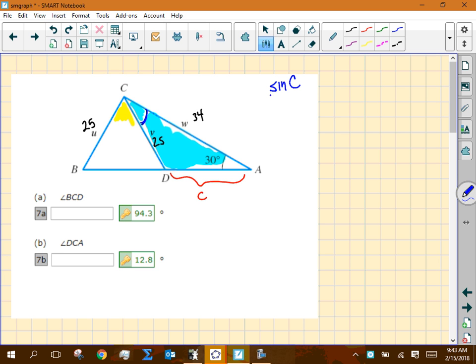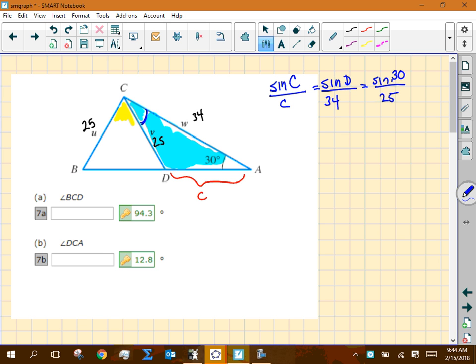So I say sine of C over lowercase c is equal to sine of, I'm going to call this angle D down here, over 34, which is equal to sine of A, sorry, sine of 30, because that is A, over 25. Those are my three ratios for the law of sines. Now, I somehow call it angle D and angle C, because holistically for that whole triangle, if I say angle D, there's actually three angles at D.